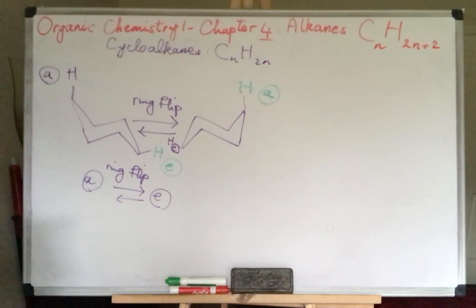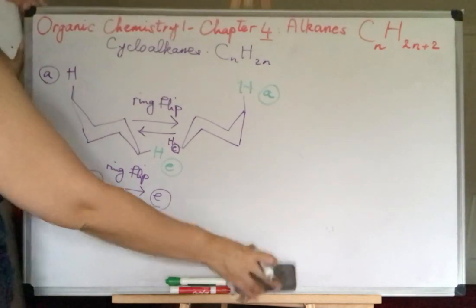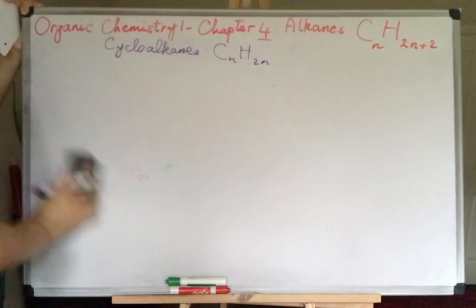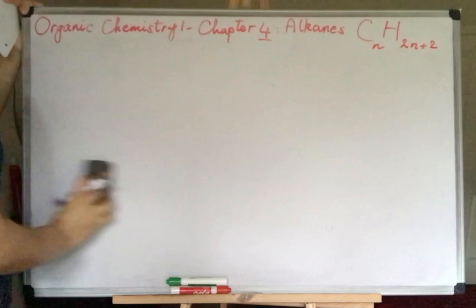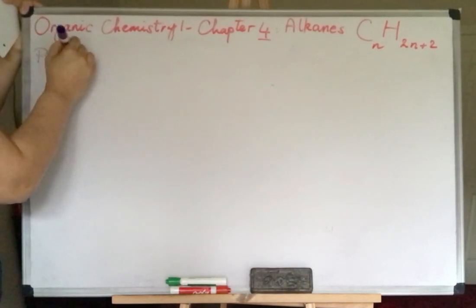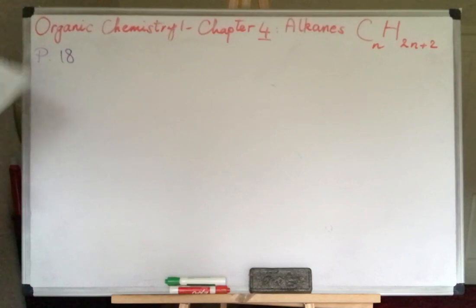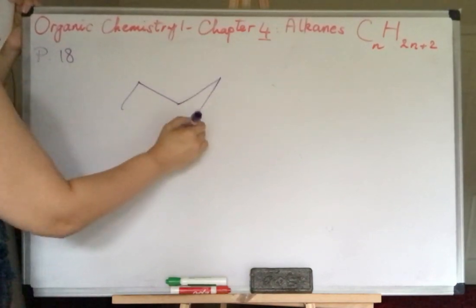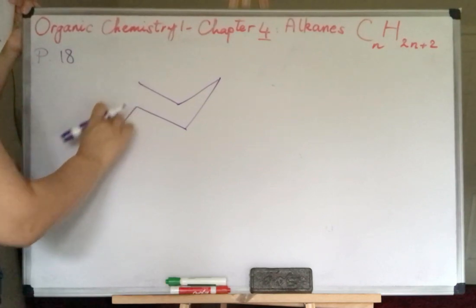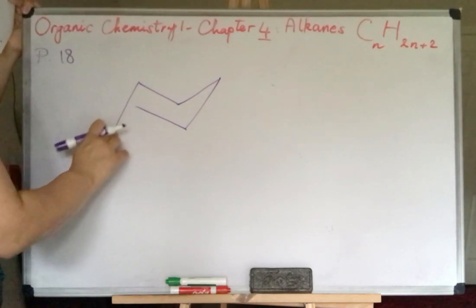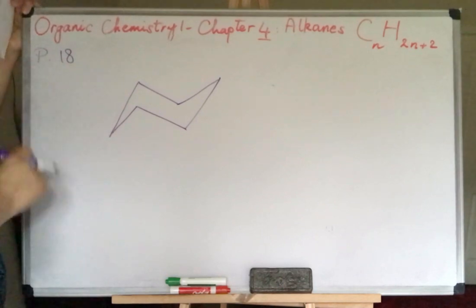And then, let's see. Okay, the next thing you need to know, let's work on page 18. Page 18 has a practice for us. Before we move further, let's make sure we know about axial and equatorials and the number of carbons.